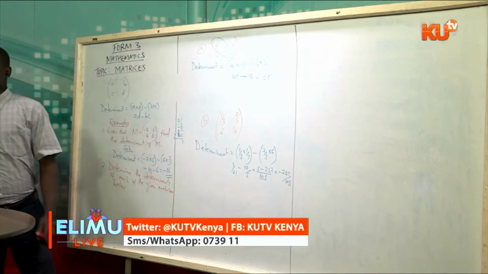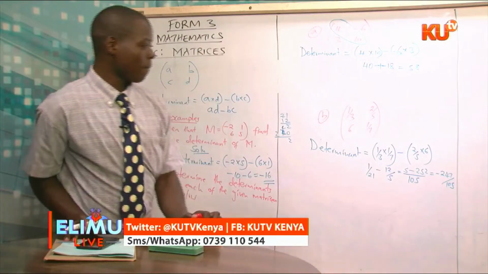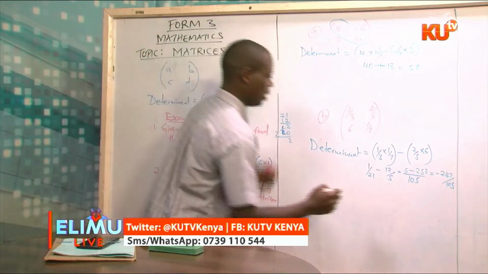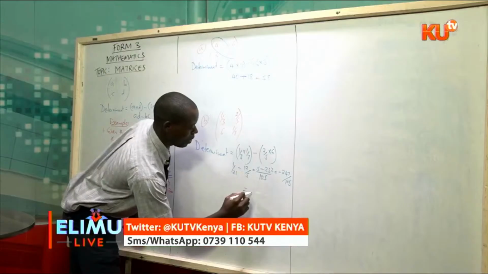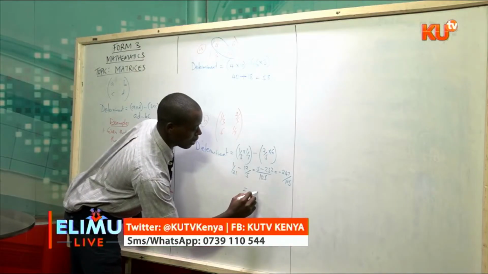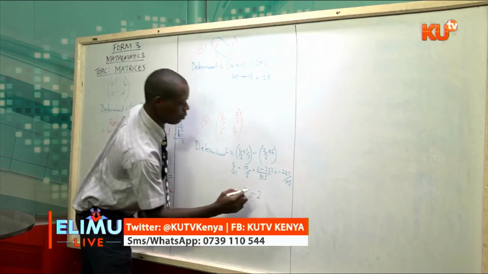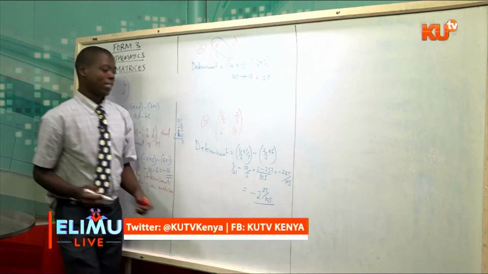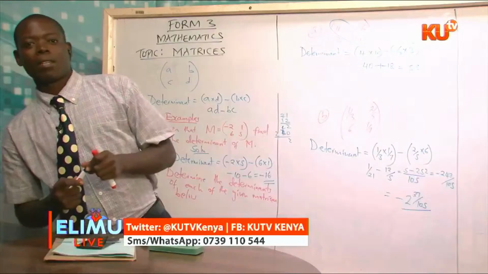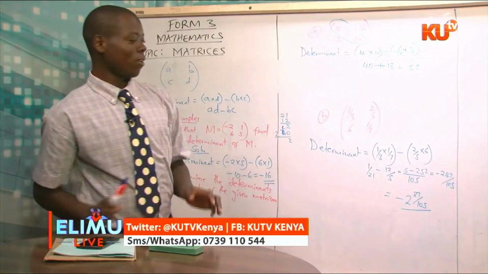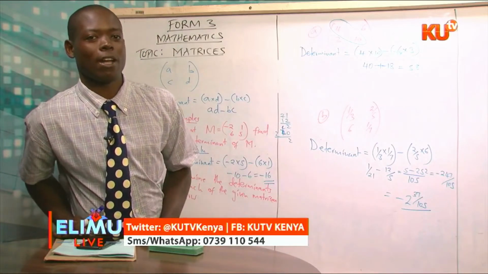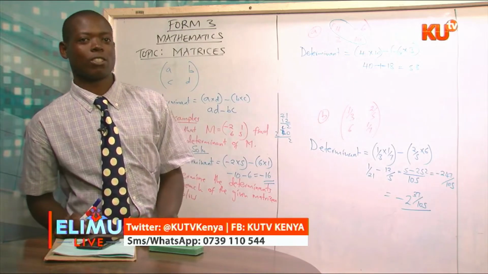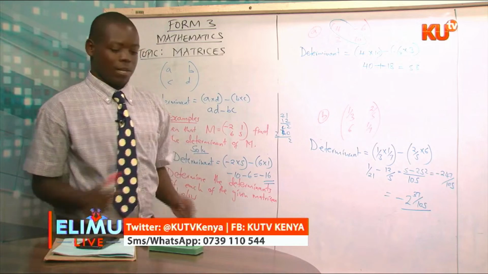We will not give it as negative 247 over 105 because 247 is larger than 105. So as an improper fraction, as a mixed fraction, it will be negative 2, that is 210, then 37 over 105. That is our determinant. So students get to know that not only will we deal with whole numbers, but we will get to a point of dealing with fractions or decimals. Good.